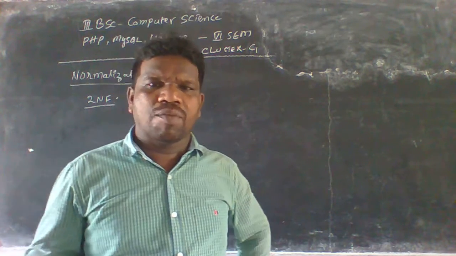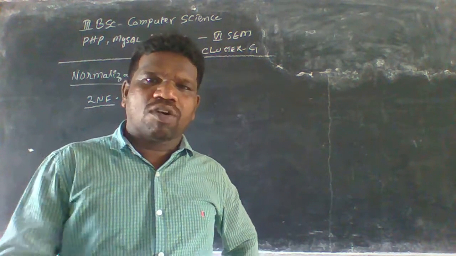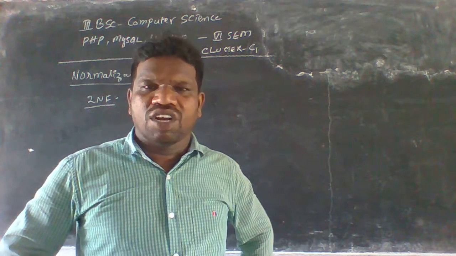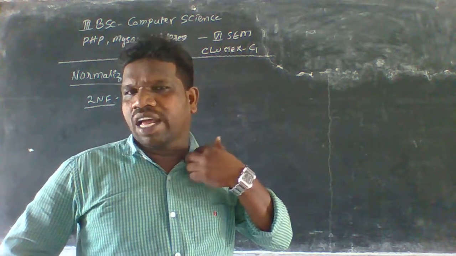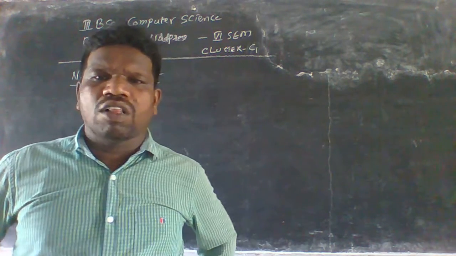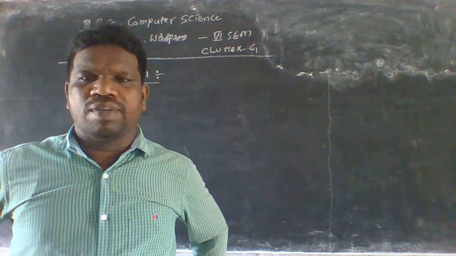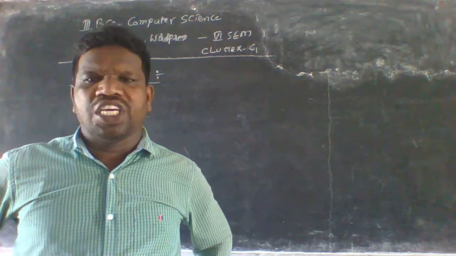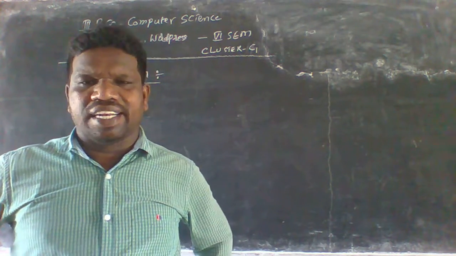If you want to talk about the second normal form, it already satisfies the properties of the first normal form. That means we accept the first normal form, and all the attributes within the entity should be dependent on the unique identifier of the entity.